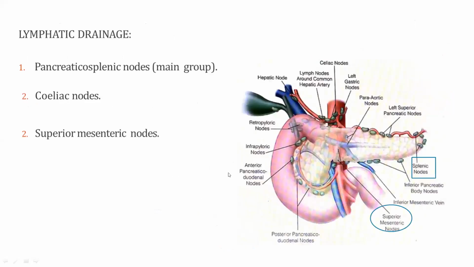And then lymphatic drainage. All the lymph will be drained into the pancreaticosplenic lymph nodes, which are considered the main group. Others are the celiac nodes as well as the superior mesenteric lymph nodes.